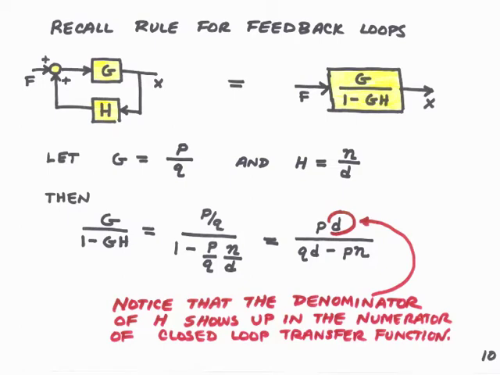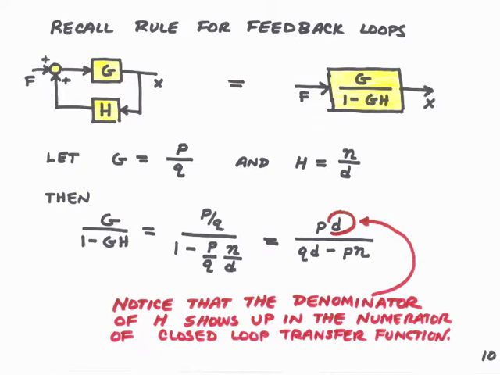Let's now use this rule with transfer function g described as numerator p over denominator q, and transfer function h described as numerator n over denominator d. Then the transfer function g over 1 minus gh can be simplified with a little algebra to p times d divided by q times d minus p times n.